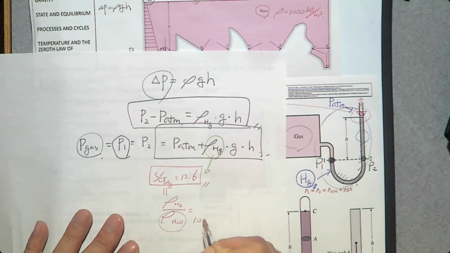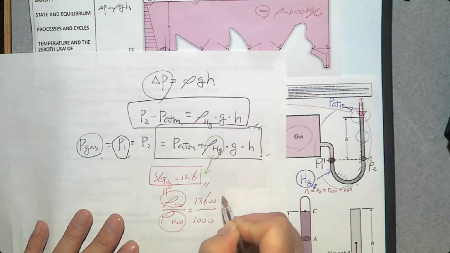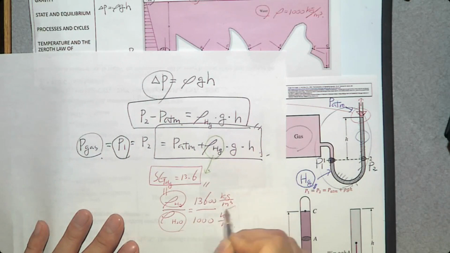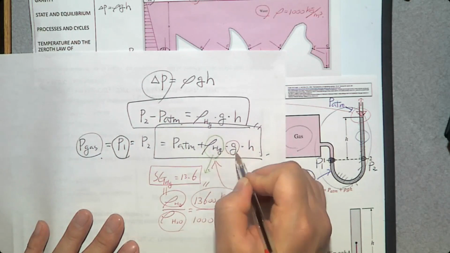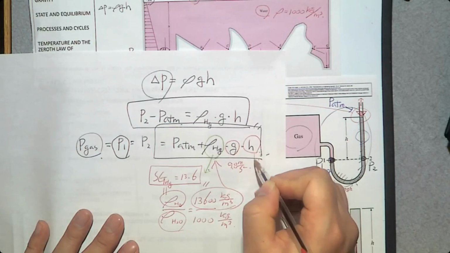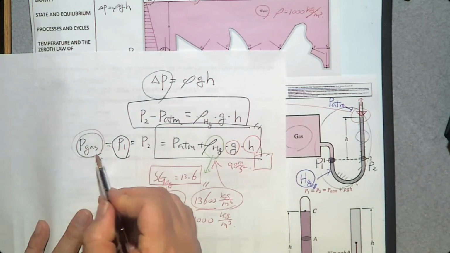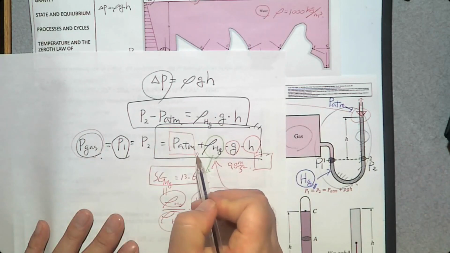This one is 1,000. So the density of mercury should be 13,600 kilograms per cubic meter. So this one goes in here. What is the gravity? 9.8 meters per second squared. If you know the height, you can measure that. Then you determine the gas pressure, assuming that you know atmospheric pressure.